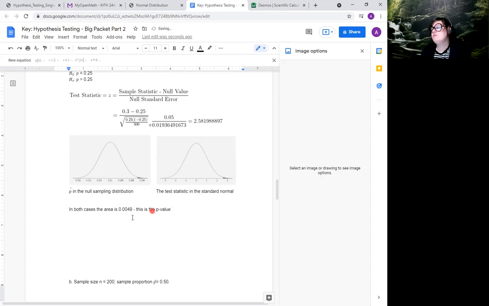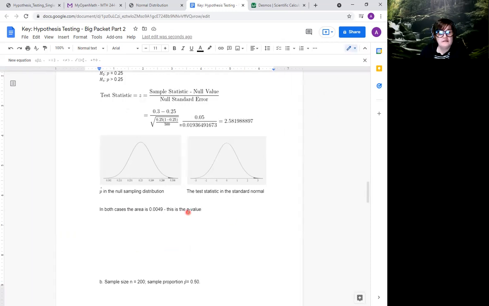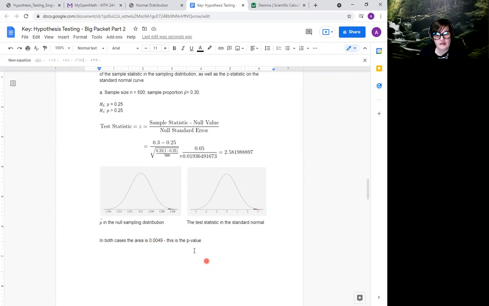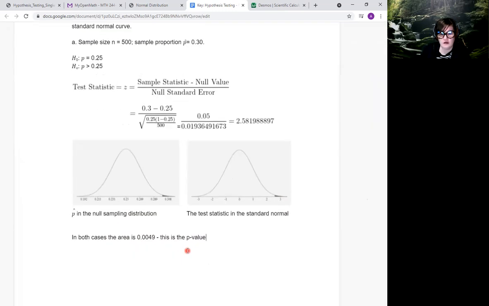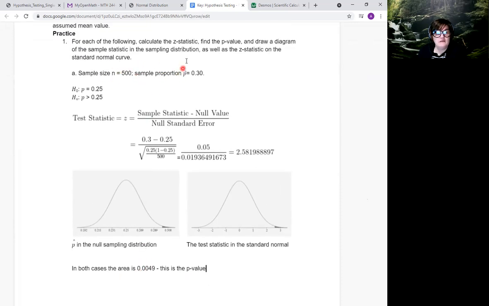And I know that you've watched videos on it and you're watching more videos on it, and here's me saying it again. This is the probability that you would get a sample of this size with this sample proportion within this sampling distribution.